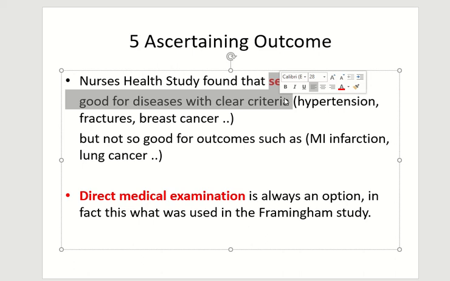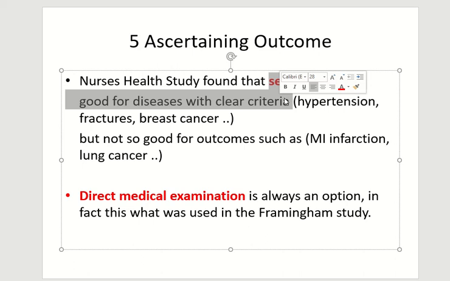For example, let me ask you: if the outcome is developing hypertension, would you trust people's reporting on whether they have hypertension or not? Even with diabetes, would you rely on people reporting if they have diabetes or not? The problem in both these diseases is that they are called silent diseases, meaning some people have it and do not know that they have it.